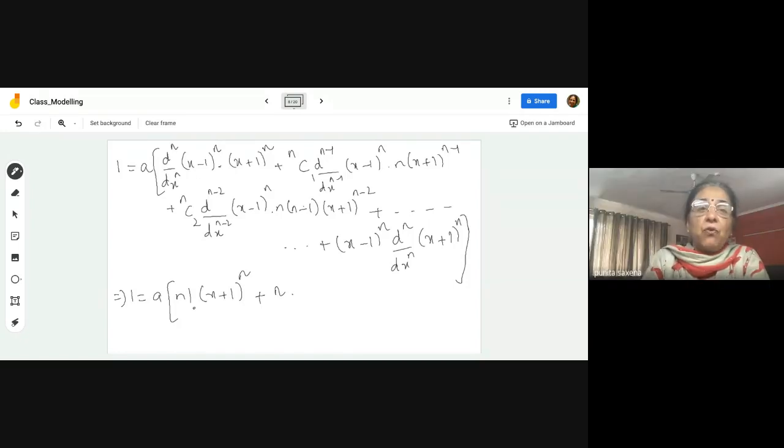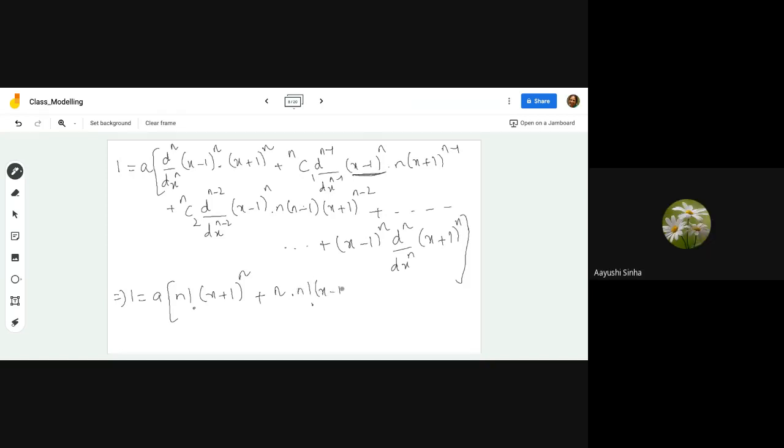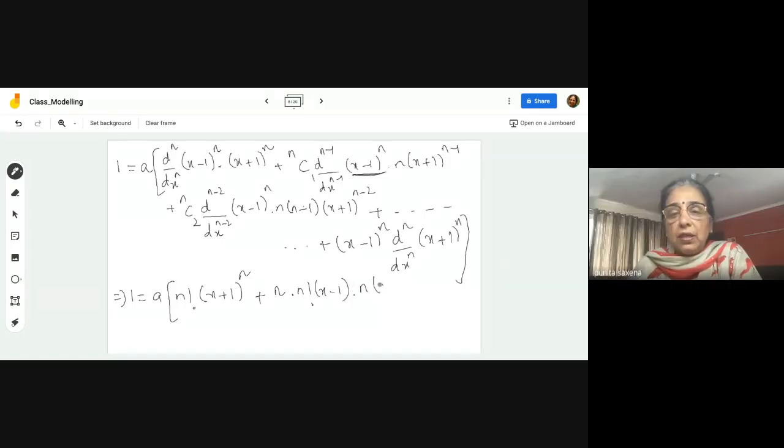Very good. So what will be the n minus 1th derivative of x minus 1 to the power n? n factorial into x minus 1. Okay, I'm writing the next terms.